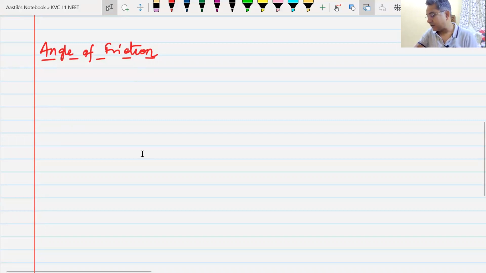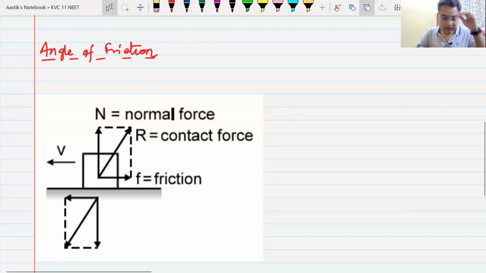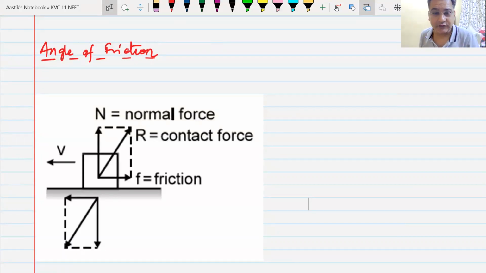Again, taking you back to the diagram that we had drawn. This friction comes from the contact force. The contact force may not be perpendicular. The contact force can be going at any angle.